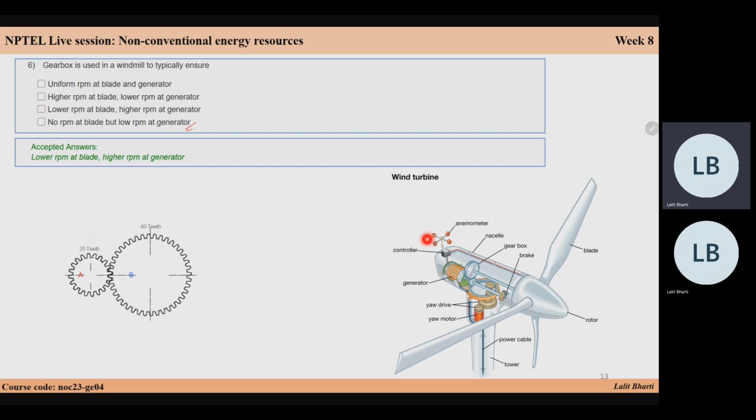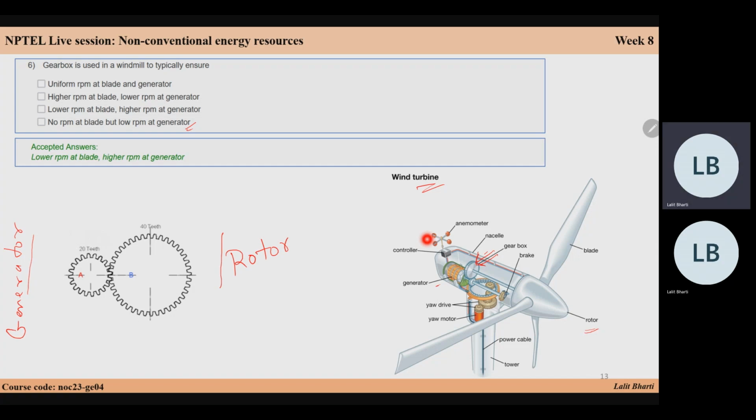So basically, if we see this wind turbine, our gearbox is situated here. That is basically between the rotor and the generator. So what is a gearbox?